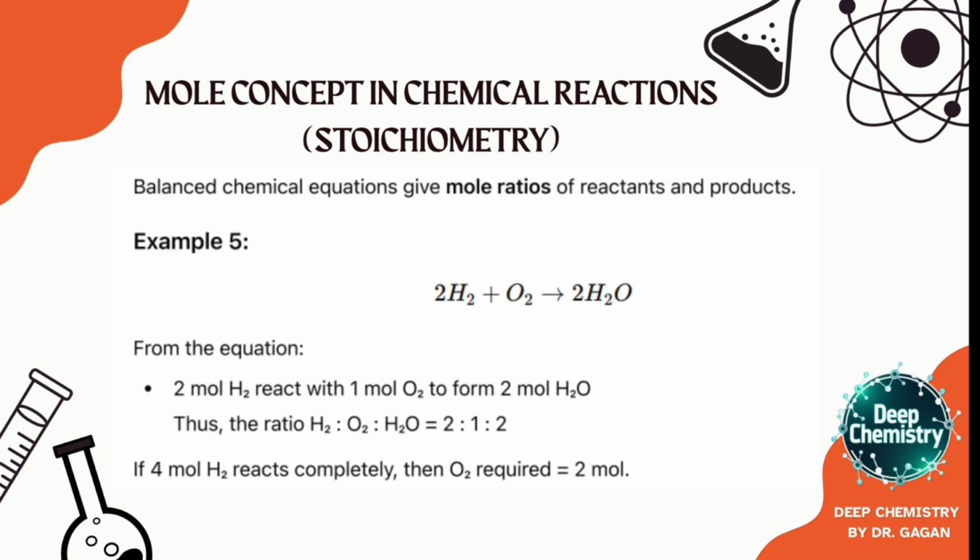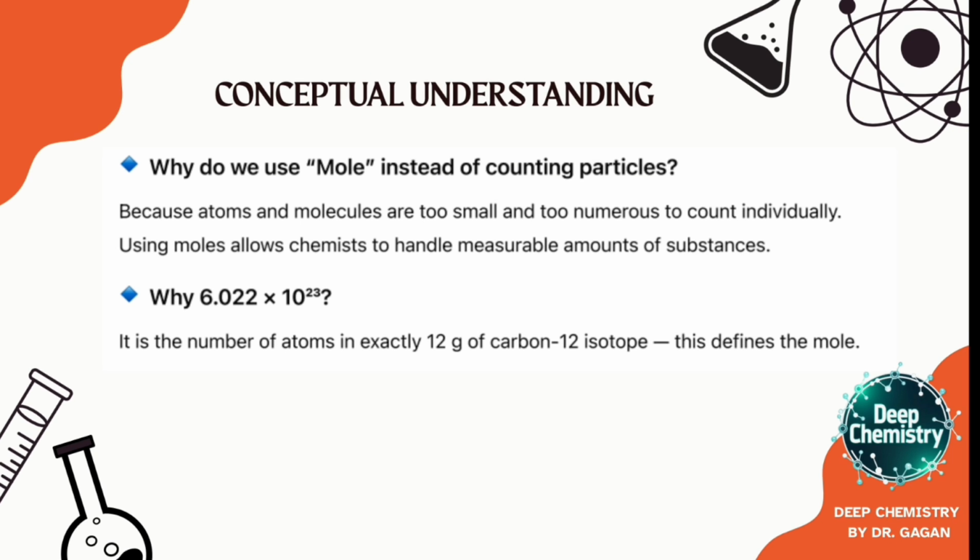You might be thinking, why do we use the mole? Why not just count the particles? Because counting individual atoms is impossible. They are too tiny and too many. The mole gives us a practical way to connect measurable quantities like mass and volume to the atomic world.